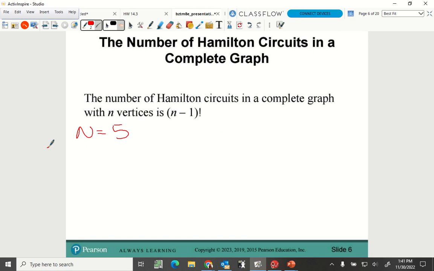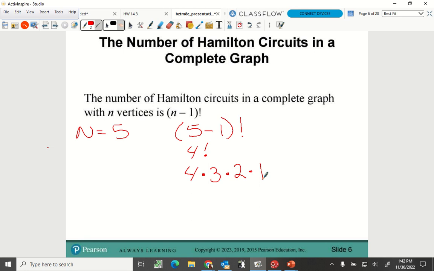All right. So n minus 1 factorial means it's going to be 5 minus 1 factorial. What's 5 minus 1? 4. So 4 factorial is going to be 4 times 3 times 2 times 1. That's what factorial means.